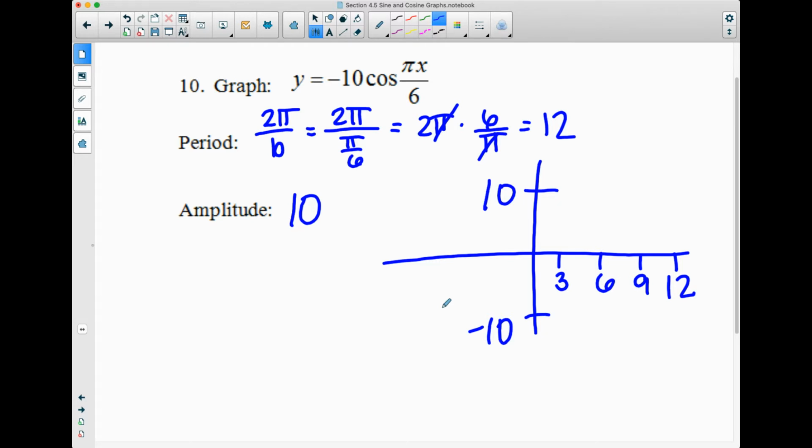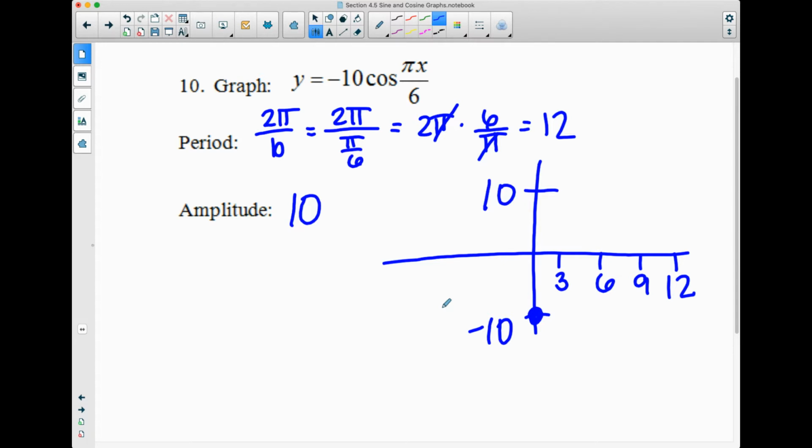Okay. So then now if I was to plug in 0 into the function, I get 0. Cosine at 0 is 1. 1 times -10 gets me -10.